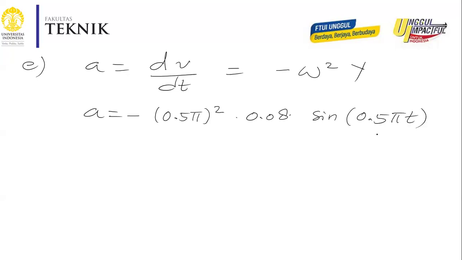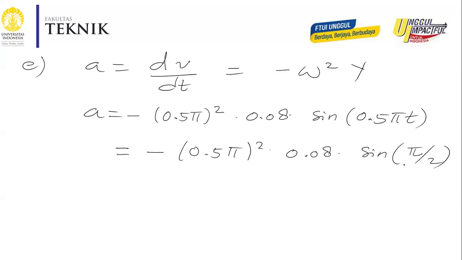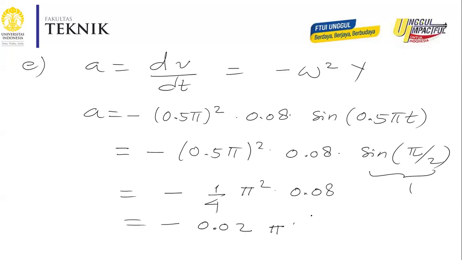Okay, at 1 second, the value of sin is 0.5 pi square times 0.08 sin pi divided by 2, right? So sin 90 degrees is 1. And then here we get minus 1 per 4 pi square times 0.08. This one is minus 0.02 pi square.